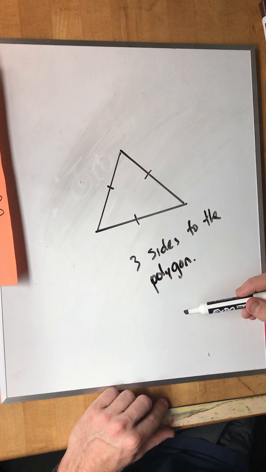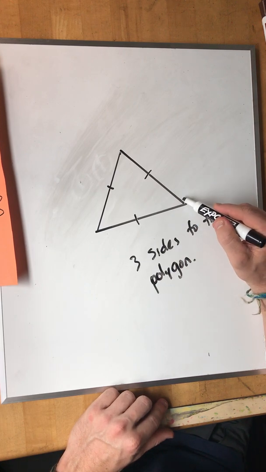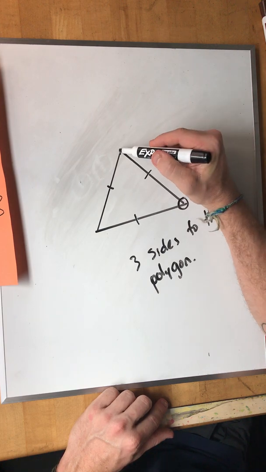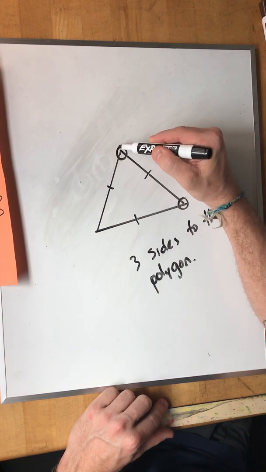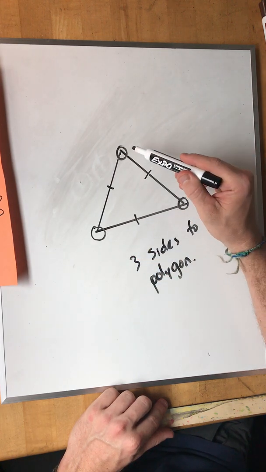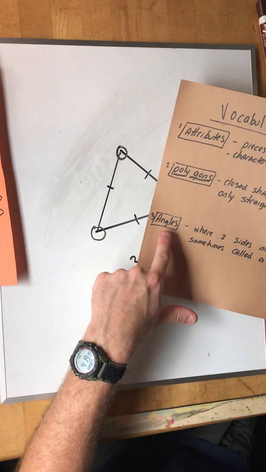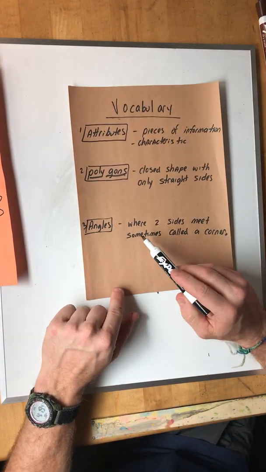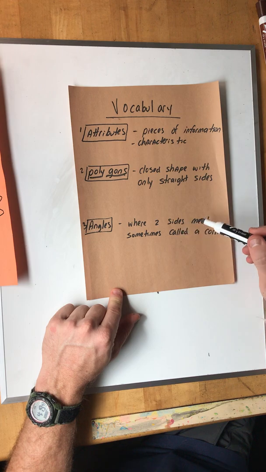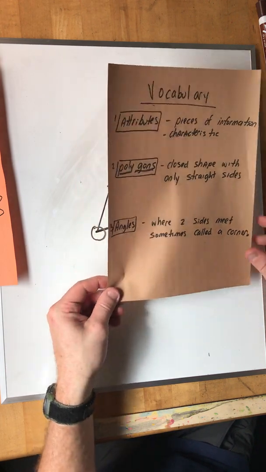A triangle is a polygon. Notice it has 4, nope, not 4, 3. It has 3 corners. The corners are sometimes called angles. An angle is where 2 sides meet, sometimes called a corner.